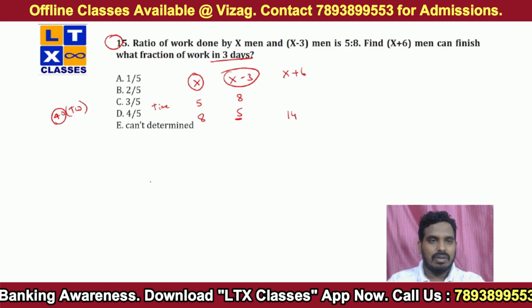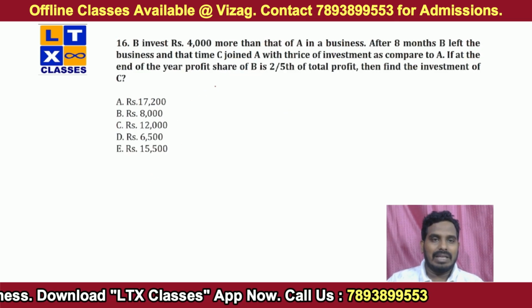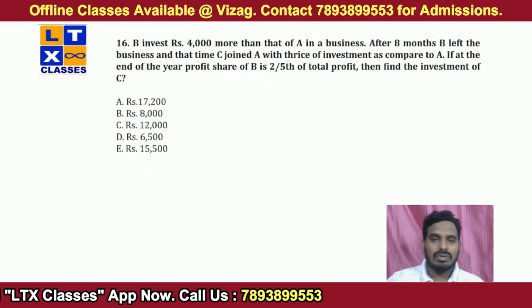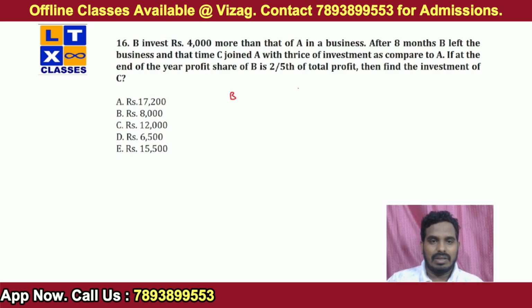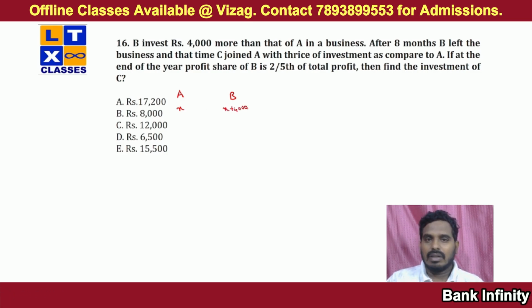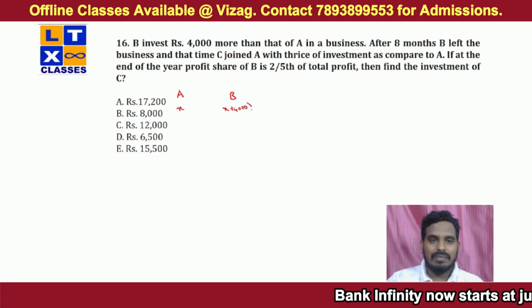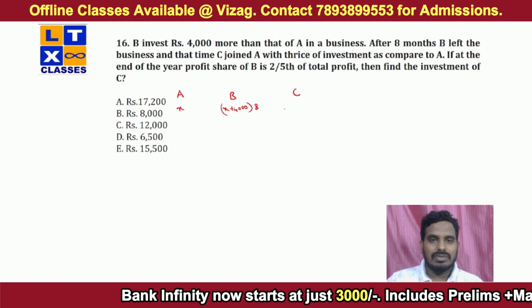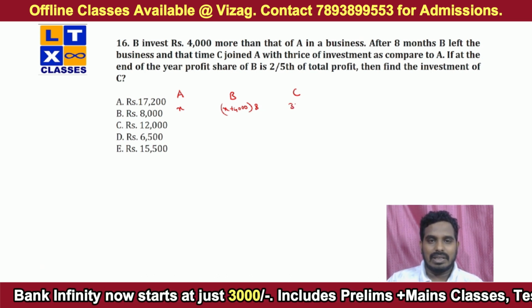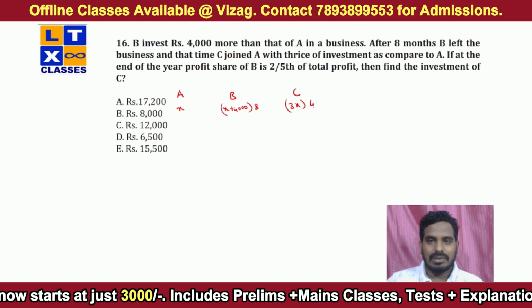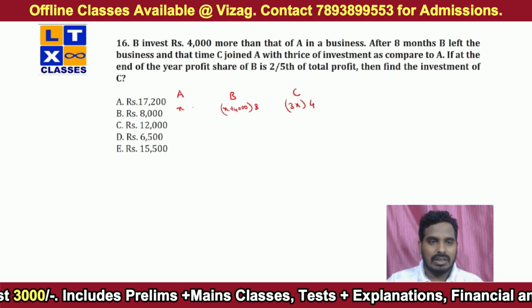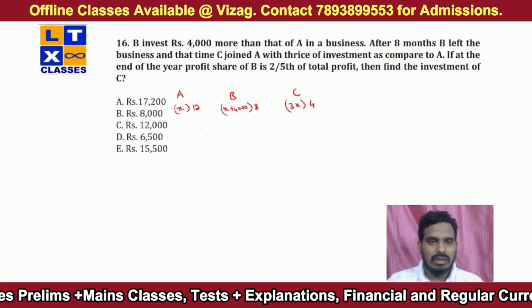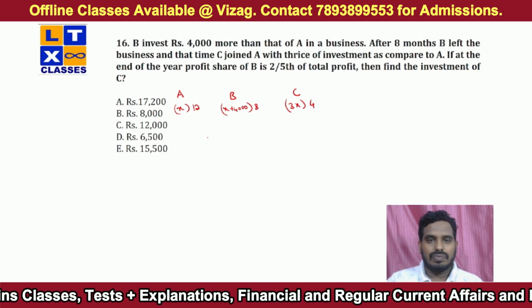Okay. Now, moving forward, B invests rupees 14,000, 4,000 more than A. Now, let the investment of A be X, then B be X plus 4,000. Now, after 8 months, B left, so B is into 8, right? And C joined the business with thrice the investment of A, which is 3x, for the remaining 4 months. Now, at the end of the year, so this will be into 12, the profit share of B was 2/5.